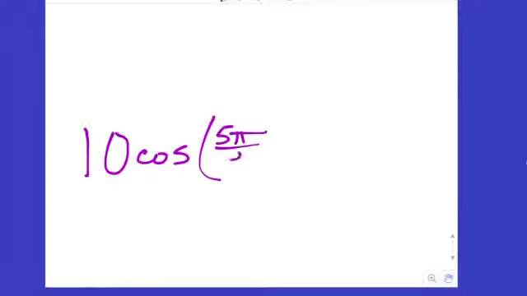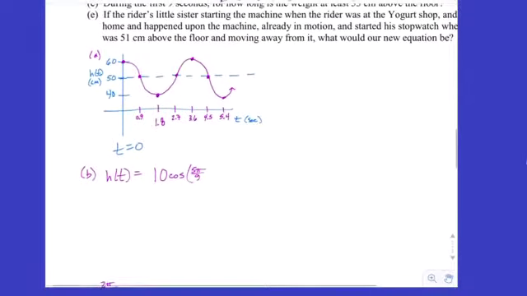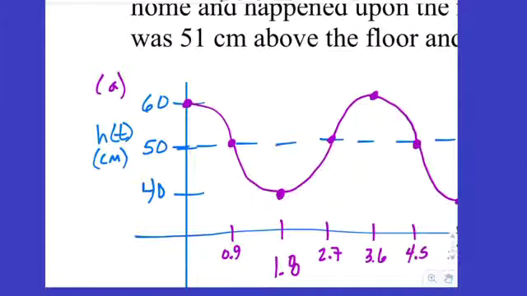5 pi ninths. So how many cycles now are we going to see between 0 and 2 pi? 5 pi ninths. That's what B is. Okay, do we have a phase shift if we chose positive cosine? Y'all chose it, not me. No, we don't need one because, again, at 0 we started at a high point. Now, if you wanted to be weird and different, you could shift over a full cycle to 3.6, or even 7.2, or whatever.